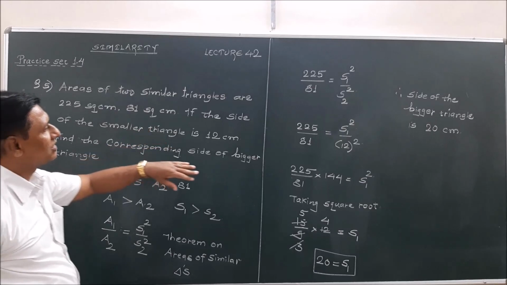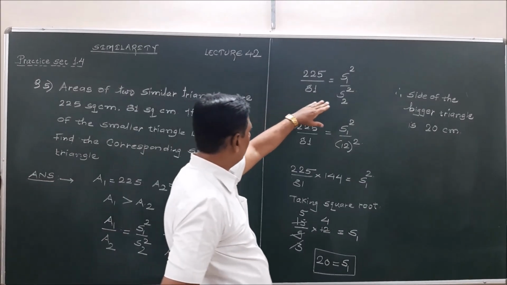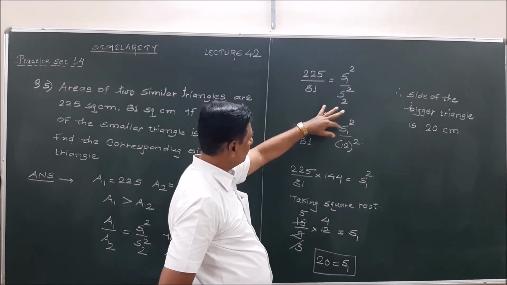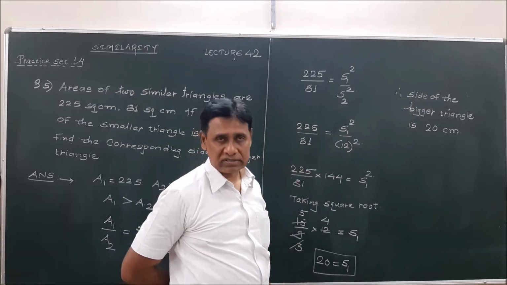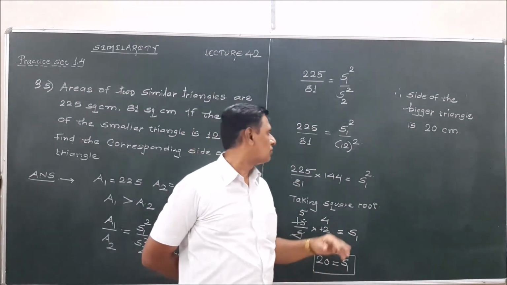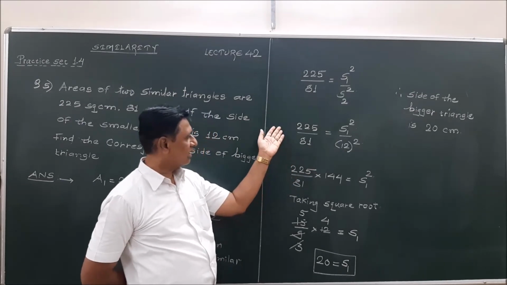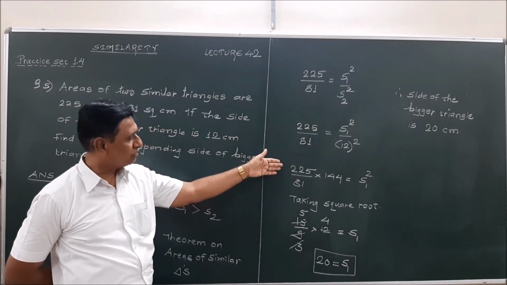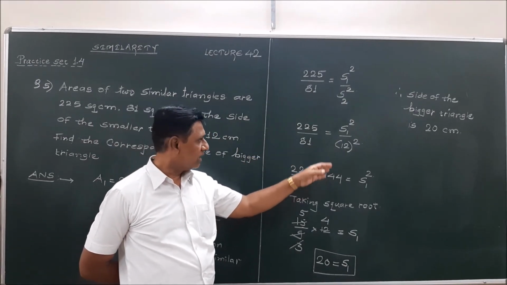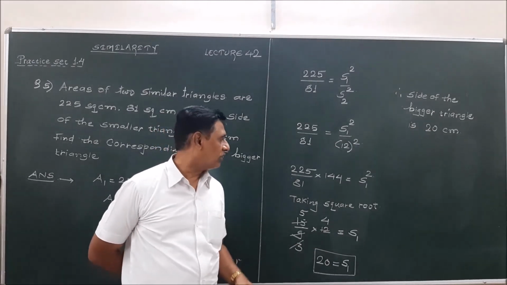225 upon 81 is equal to S1 square upon S2 square. So S1 square, side of the smaller triangle is given as 12. So 12 square. I transfer this to the left hand side. I got it as 225 upon 81 into 144.